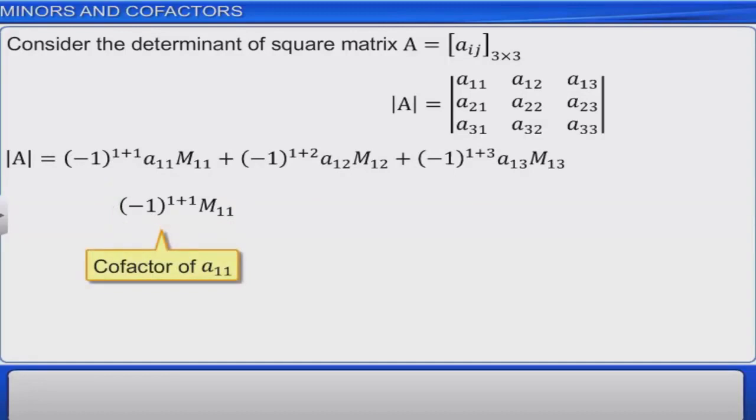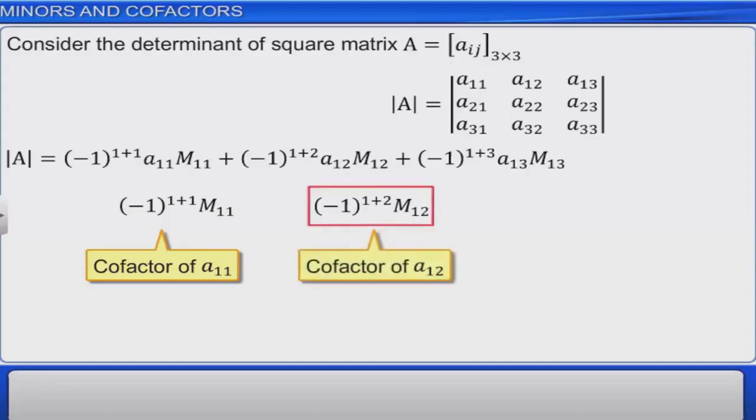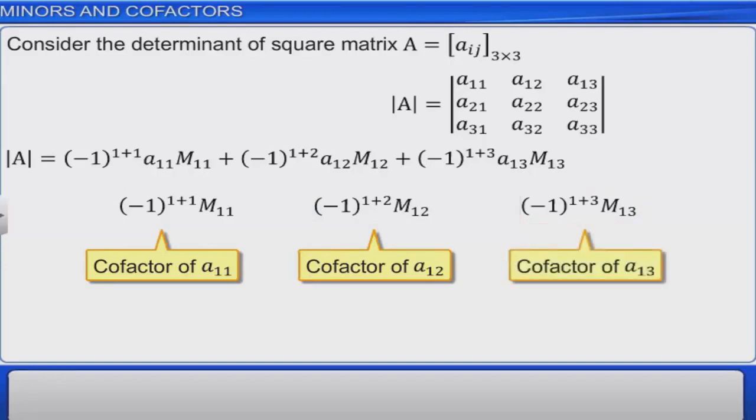Similarly, the minor of A12 together with (-1) raised to the power of 1 plus 2 is known as the cofactor of A12. And the minor of A13 together with (-1) raised to the power of 1 plus 3 is known as the cofactor of A13.